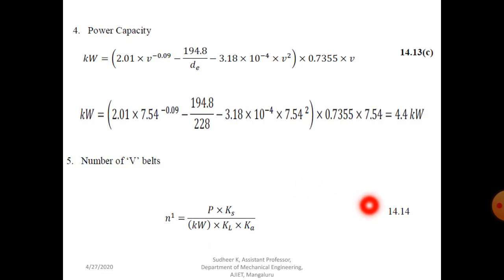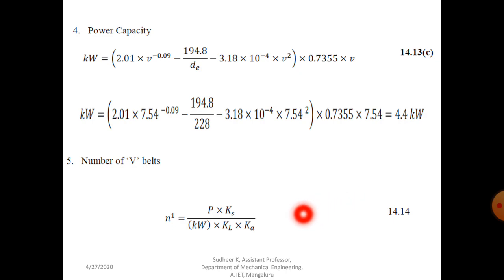Here Ks is nothing but the correction factor for service. It means the service factor you have to consider. KL means the correction factor for length, that is for pitch length, as well as Ka is the correction factor for arc of contact.